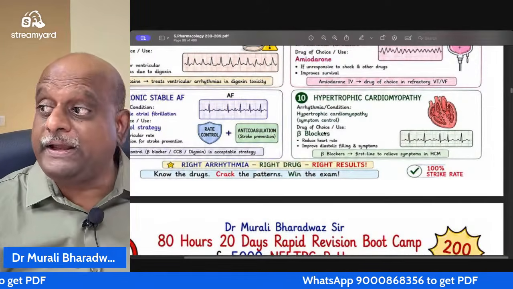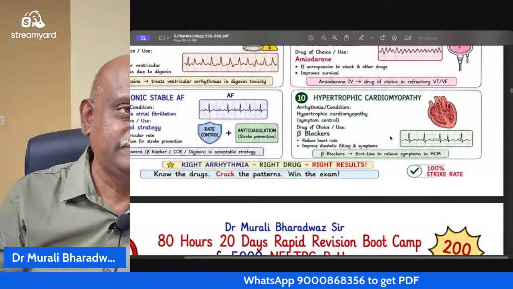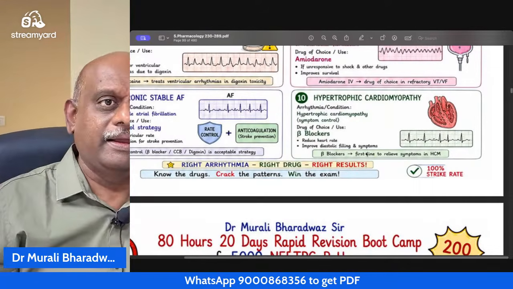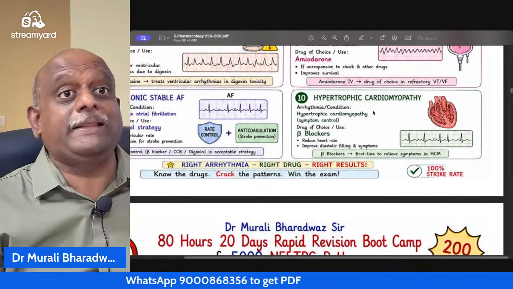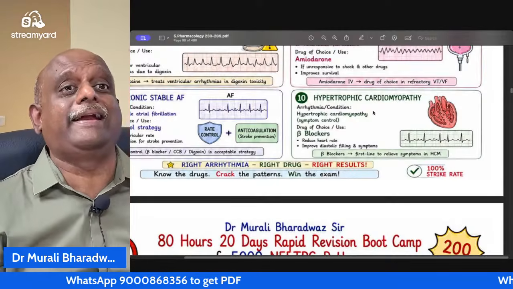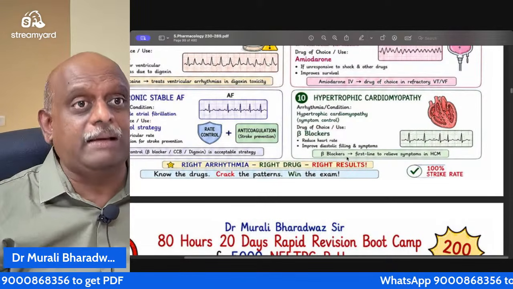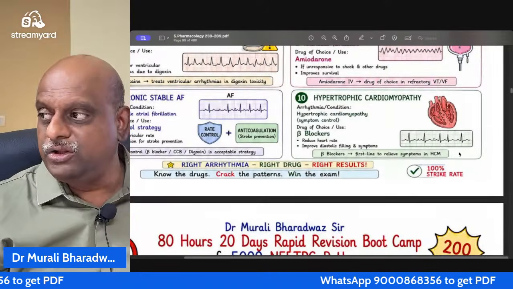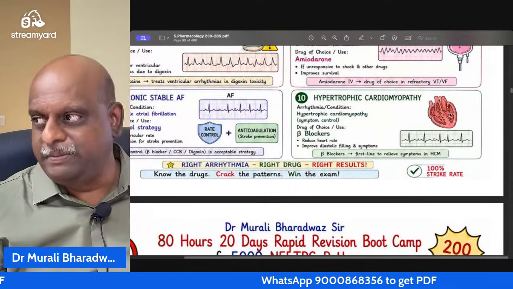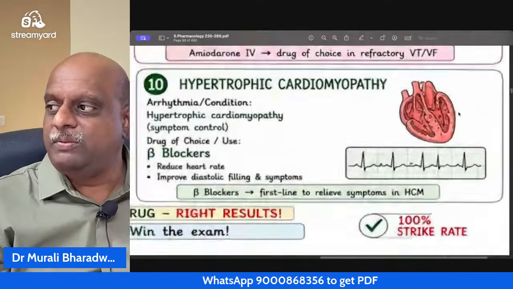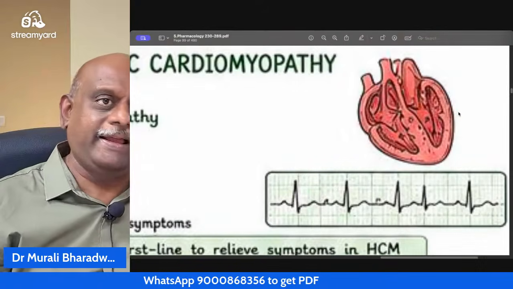And hypertrophic cardiomyopathy. Remember, in hypertrophic cardiomyopathy, digitalis is contraindicated. There you need to give a beta blocker. There's a big story for that. So what is hypertrophic cardiomyopathy?